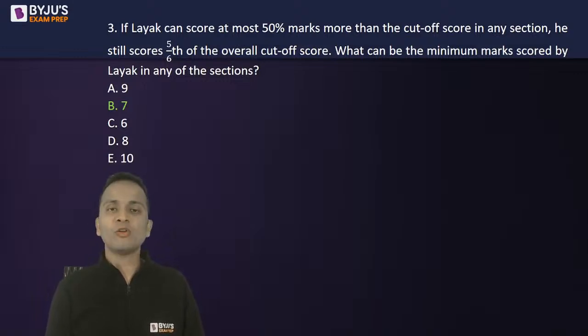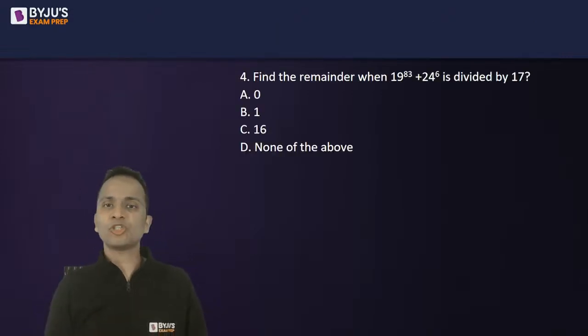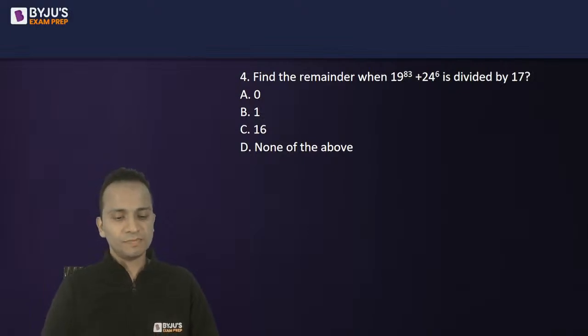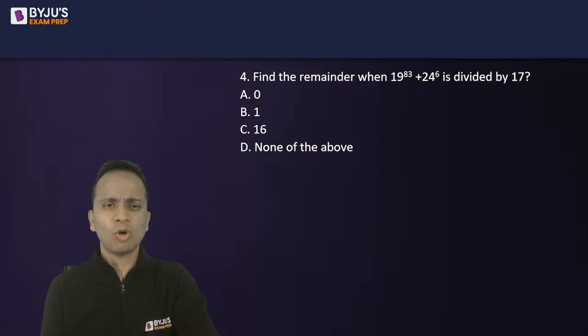Now we'll move on and look at some questions from number systems. The next question on your screen: what is the remainder when 19 raised to the power 83 plus 24 raised to the power 6 is divided by 17? Quickly, you can do these answers very quickly.